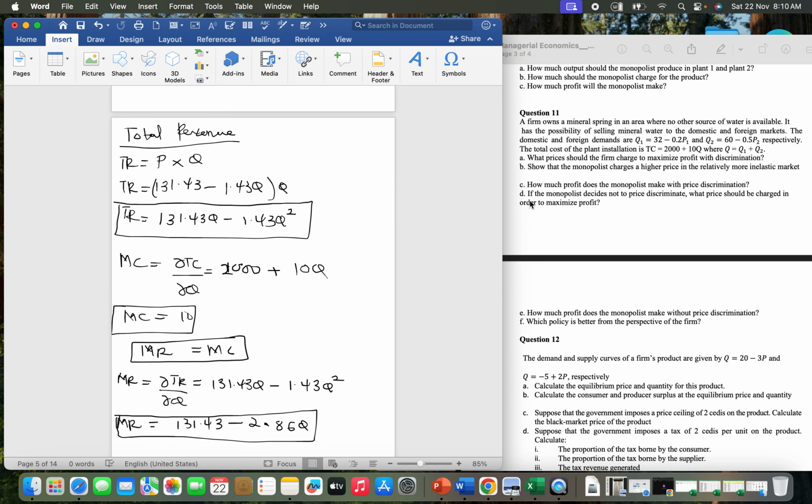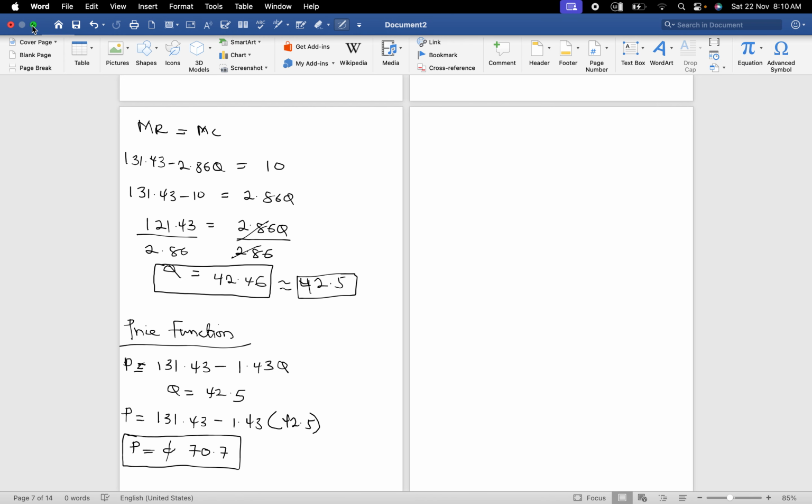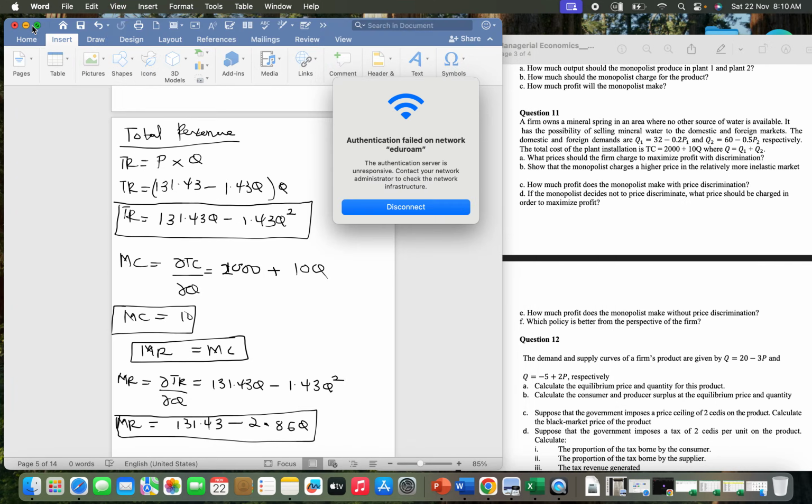So I'm moving on to E. How much profit does the monopolist make without discrimination? With the previous one, we found the profit with discrimination. Now we are dealing with without discrimination. We also have to find the profit without discrimination. Let's check which letter it was.